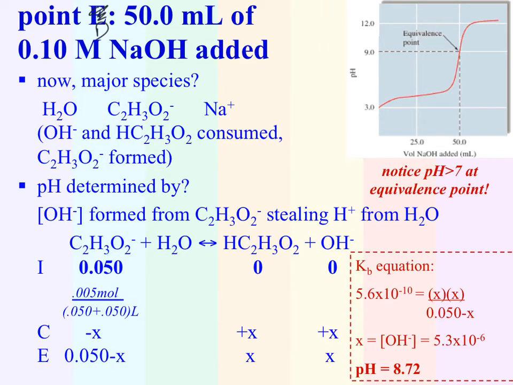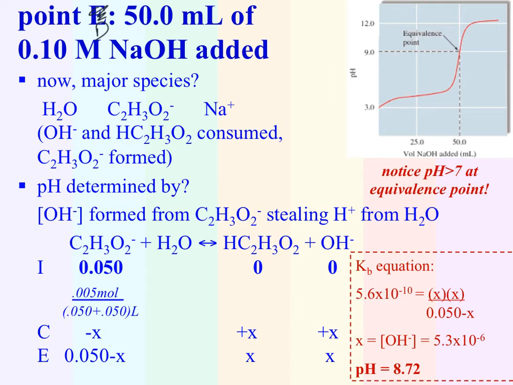The pH is not going to be determined by the H+ or OH- present from the weak acid or the strong base that's being added, but in fact by the acetate ion that remains behind. So really what we're looking at is how this conjugate base behaves as a base in solution. So we plug it into this expression in the ICE table. We find its concentration, we find the changes.